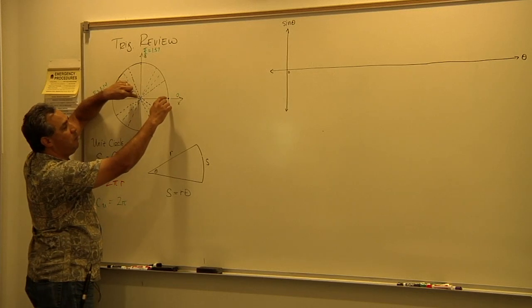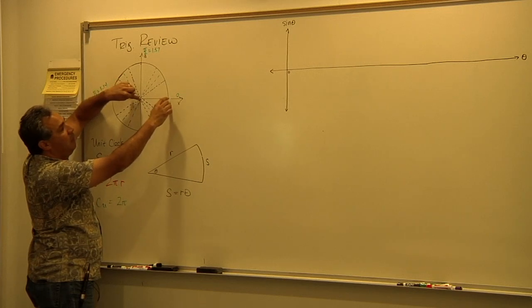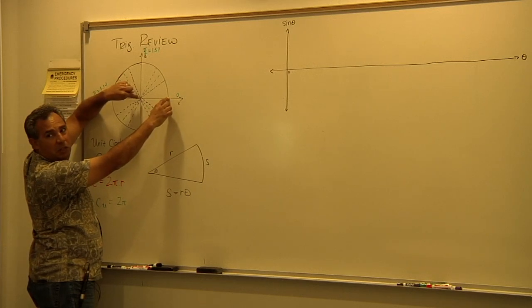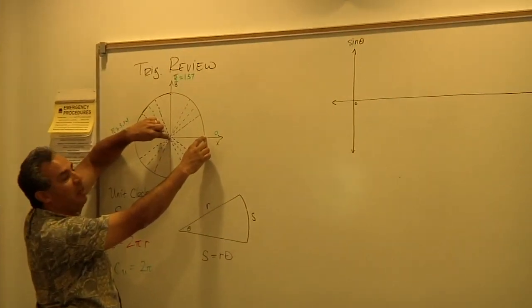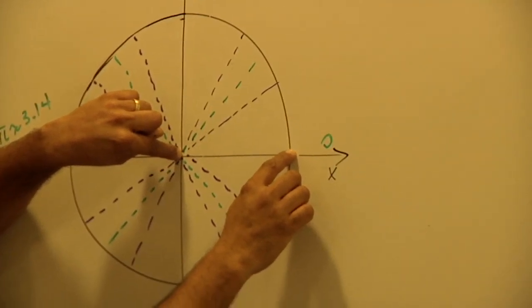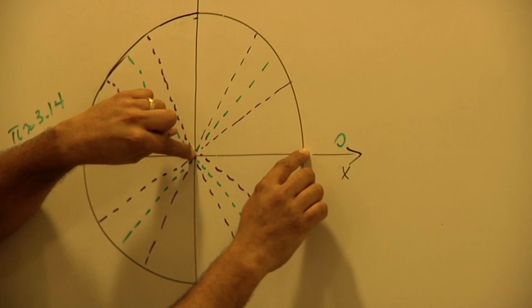This finger is pointing to the point where the ray intersects the unit circle. When theta is 0, I'm right here on the unit circle, right? And what's my y value here? 0.